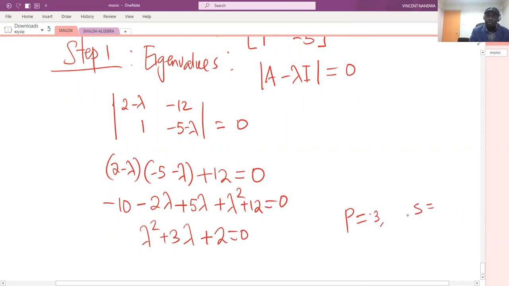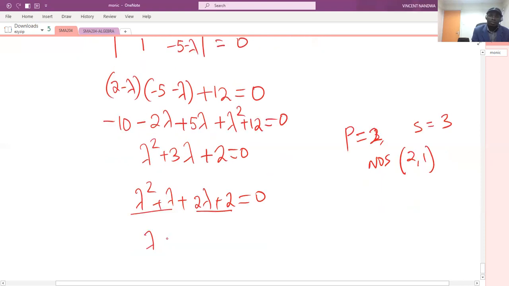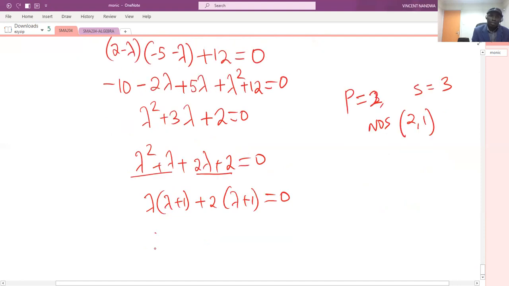Product is 2, sum is 3, so the numbers will be 2 and 1. So I'll have lambda squared plus lambda plus 2 lambda plus 2 equals 0. Doing the pairing, we'll have lambda times lambda plus 1, plus 2 times lambda plus 1, equals 0, which tells us that lambda plus 1 times lambda plus 2 equals 0.